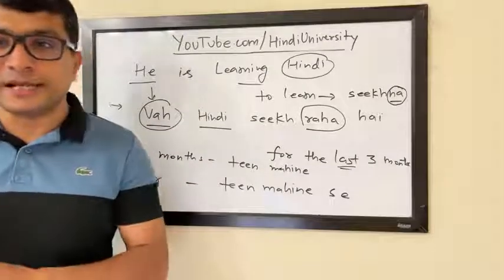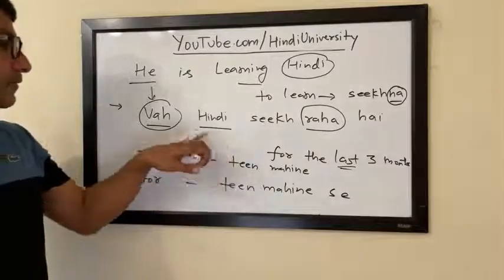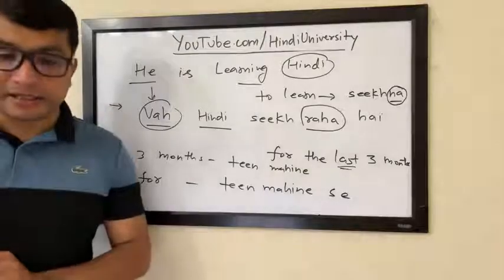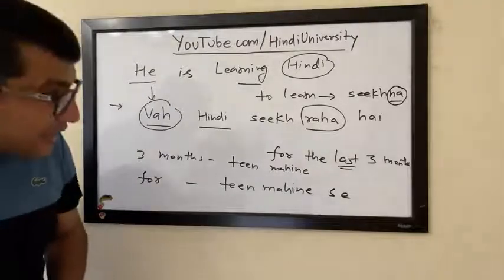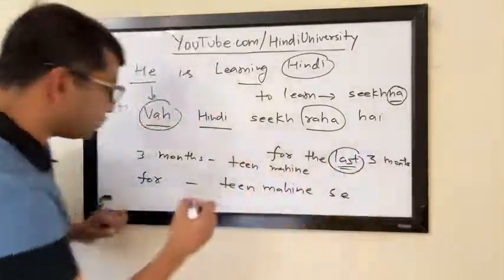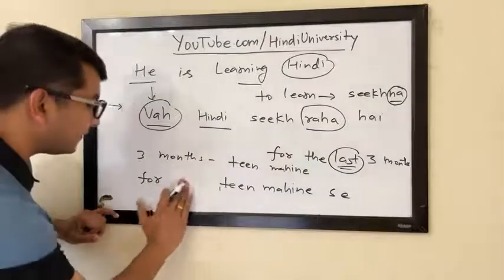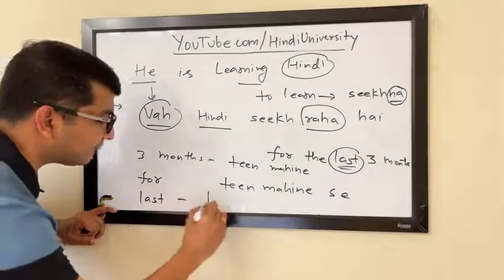In English, there may be some grammatical issues, but in Hindi, you can say वह 3 महीने से हिंदी सीख रहा है. Okay? We don't need pichle or something. So for the last, you can say वह... The question is, because you have a last keyword here, can I say पिछले?